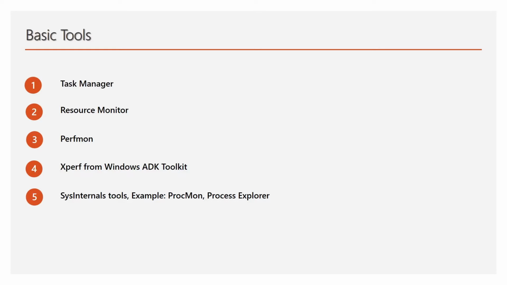Apart from that, we have Resource Monitor, Perfmon (Performance Monitor), and Xperf from the Windows ADK toolkit. Apart from that, we have Procmon (Process Monitor) and Process Explorer from the Sysinternals tools.